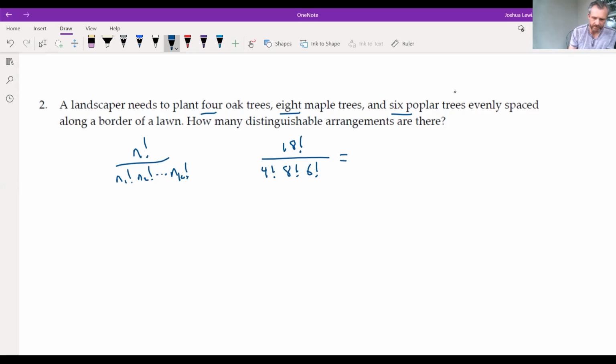I'm going to just verify this real quick. I'm getting 9,189,180.